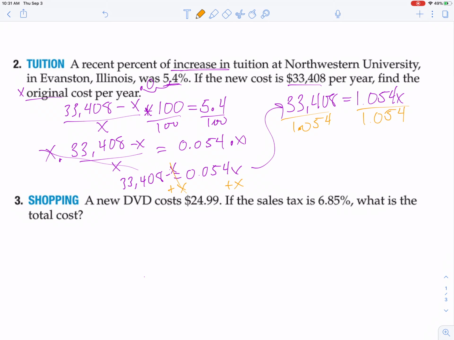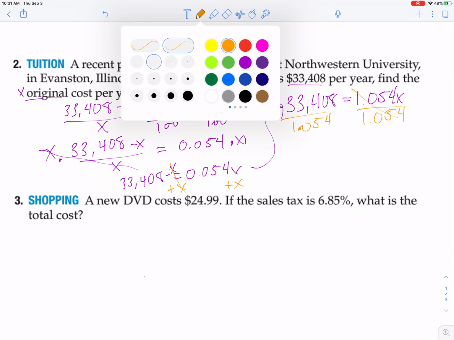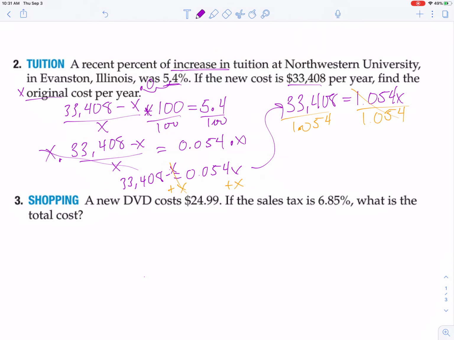It's supposed to be a decimal point there. Which is going to give me a grand final answer of approximately 31,696 as the original cost for that university. That's how I would solve one like that.